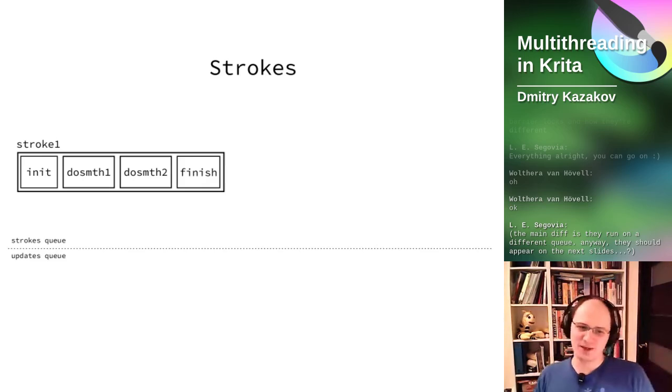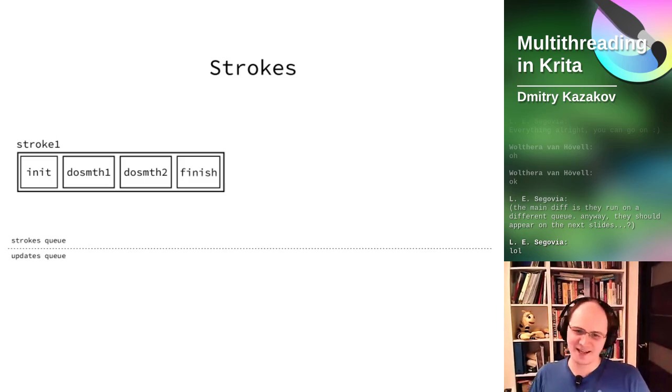Okay, so the next topic is strokes. As I said before, a single stroke is a complete user action. Almost every stroke has a fixed init job and finish job.